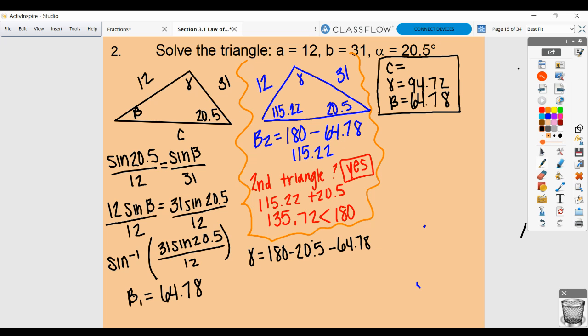Okay, so now I need to find C. So I'm going to use the same match that I had before. So the sine of 20.5 over 12. But this time I'm going to use the gamma and the C because I have to find C. So sine of 94.72 over C. Cross multiply.